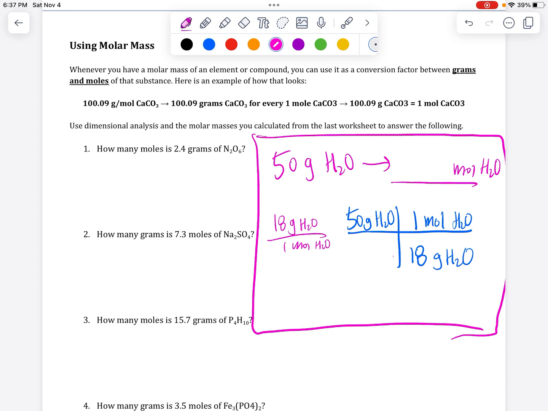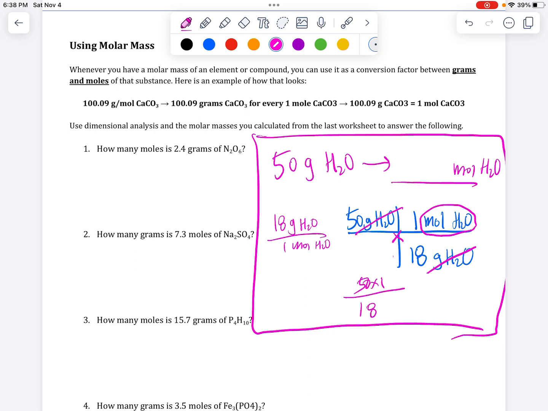Okay, so let's see if I did it correctly. Let's go ahead and cancel out the units. Grams of water, great. The only unit that is remaining here is moles of water, which is exactly what I want to find here. Okay, so let's go ahead and multiply this all across, which is 50 times 1, which you don't really have to do that, right?